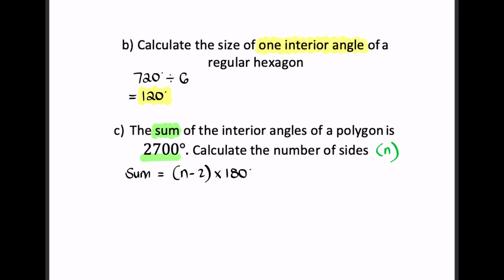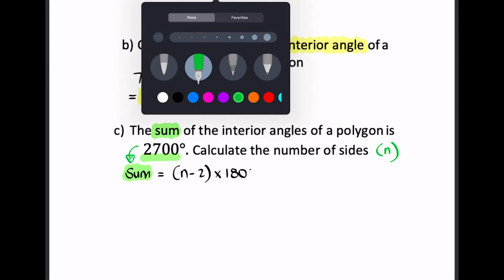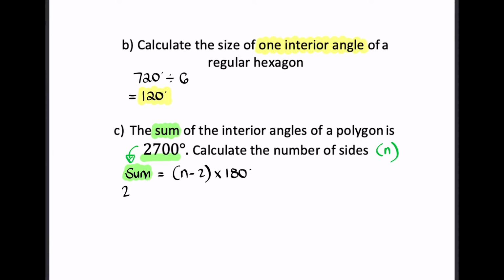But now they've given us the actual sum. They gave us that value being 2,700. So I'm going to substitute that 2,700 in place of the sum, equal to n minus 2 times 180 degrees.